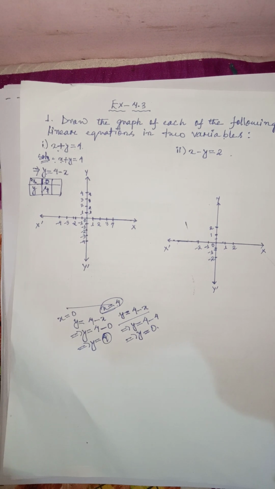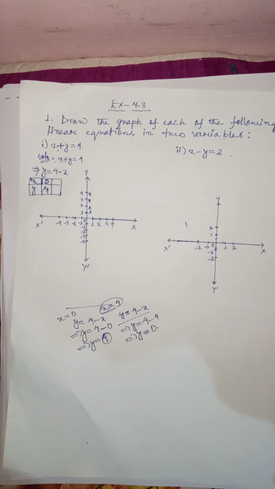It is the easiest way of getting points to plot in the plane to form a line. Just put x equal to 0 and you get the corresponding value of y. Likewise, even in the second point, you do the same thing.